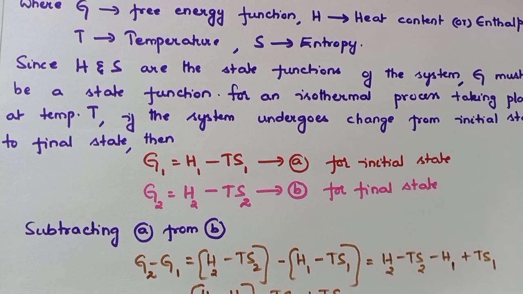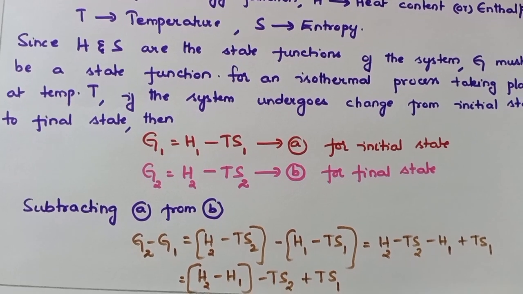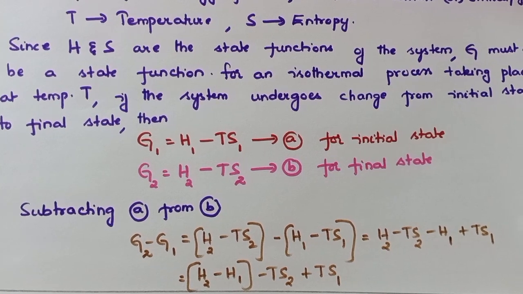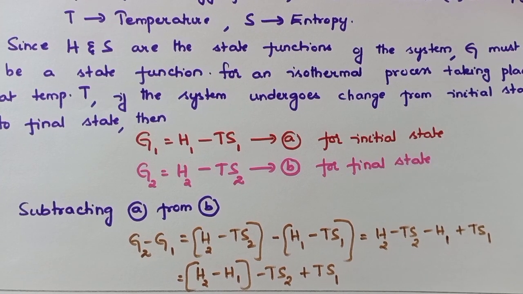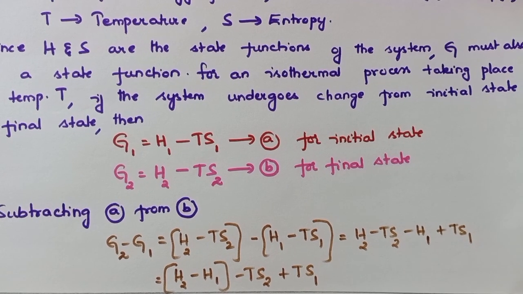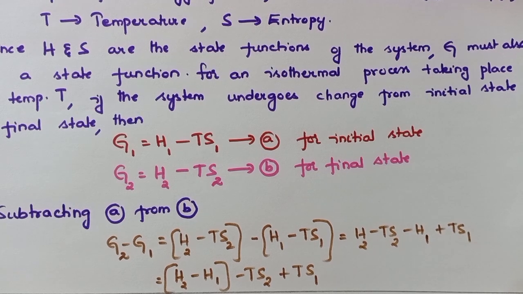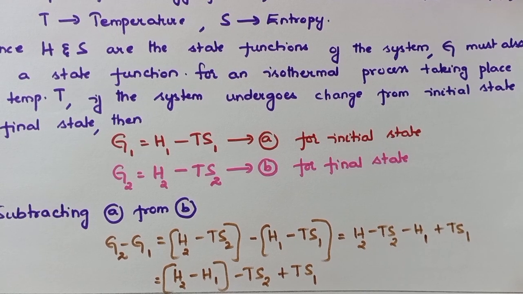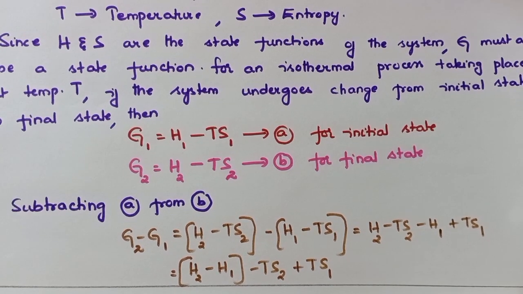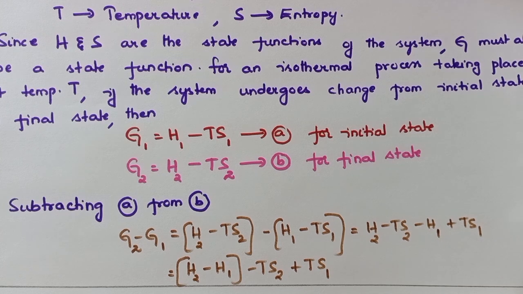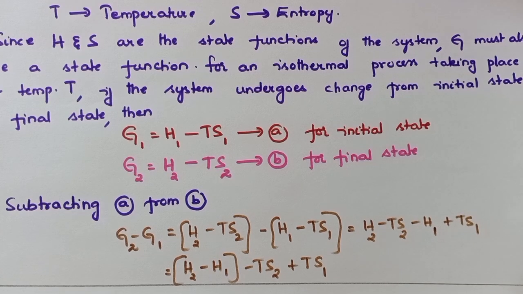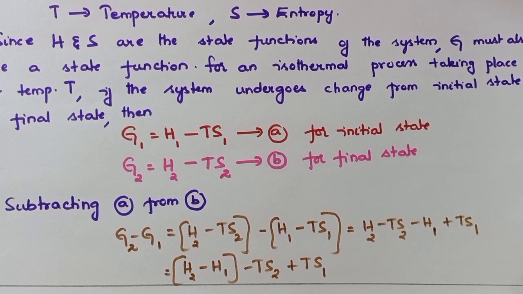G2 minus G1 is equal to H2 minus TS2, put it in brackets, minus H1 minus TS1, which is equal to, removing the brackets, H2 minus TS2 minus H1 plus TS1. Bringing the same variables together, it is equal to H2 minus H1, put it in brackets, minus TS2 plus TS1.